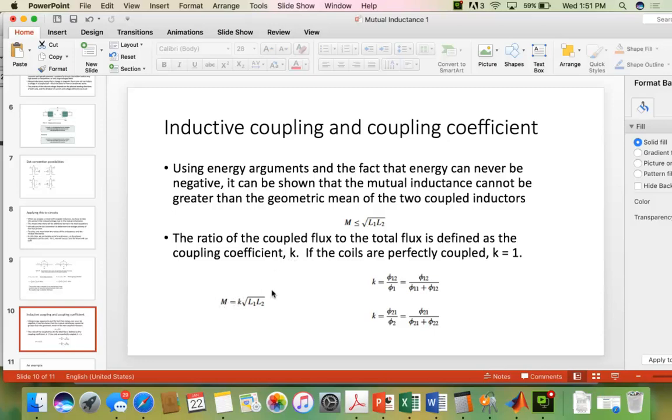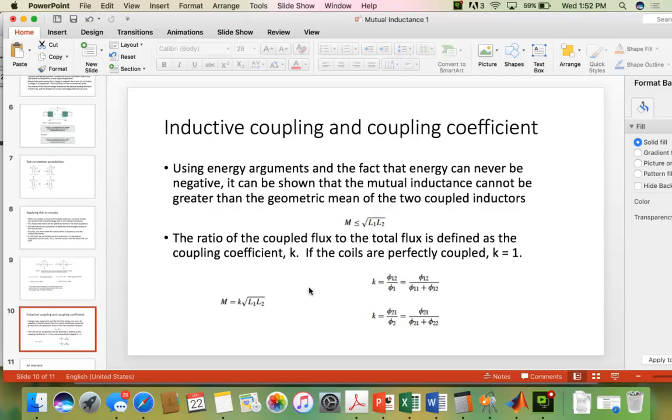So one way to look at that is that we have this constant K in that equation. So M is K times the square root of L1 L2. And if K is equal to 1, then we have perfect coupling. If K is equal to 0, we have zero coupling. So K is a number that's going to range from 0 to 1, giving us a minimum and a maximum mutual inductance that we can have.